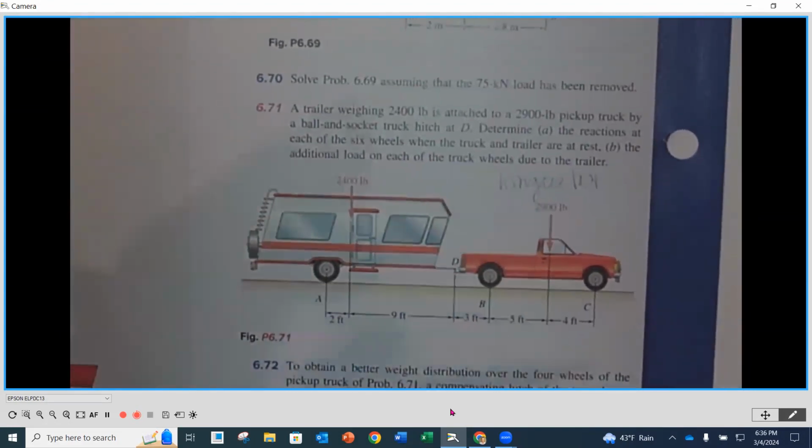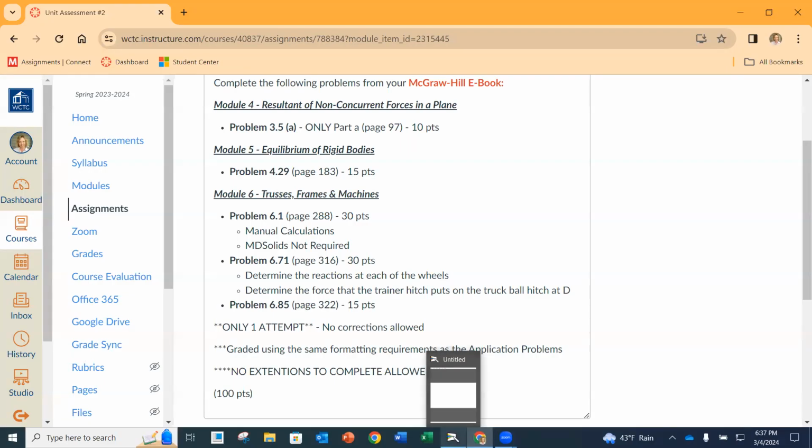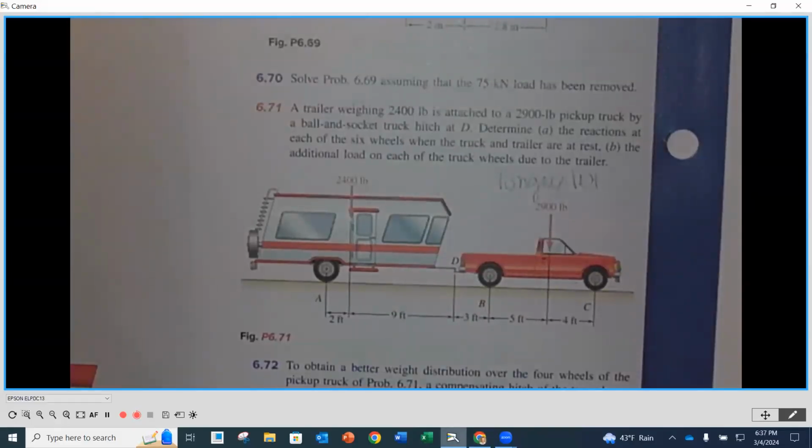And you'll notice that you have a truck, you have a trailer, and it's essentially the very same problem. This is the same problem that we did in our handout, but the truck was on this side, the trailer was on this side, and you have some different numbers that you're working with.